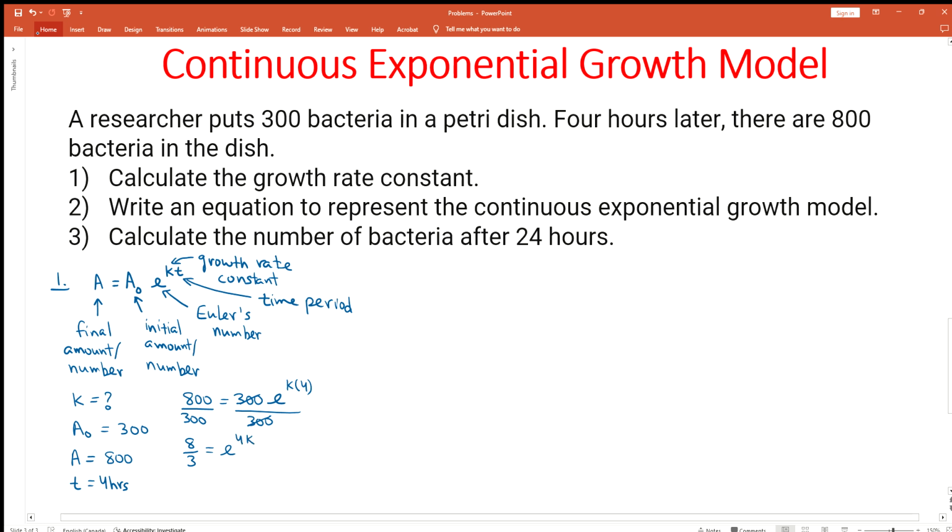Next, we should use logarithms to bring K down from the exponent level. For that, we should apply log to both sides. As per the power law of logarithms, we can move the exponent 4K to the front of the term on the right side.